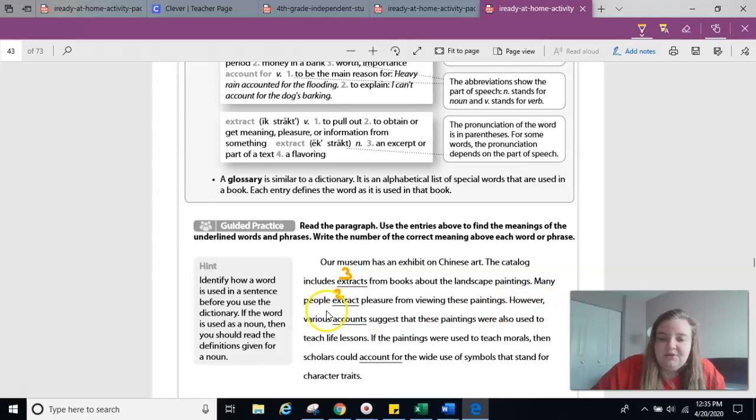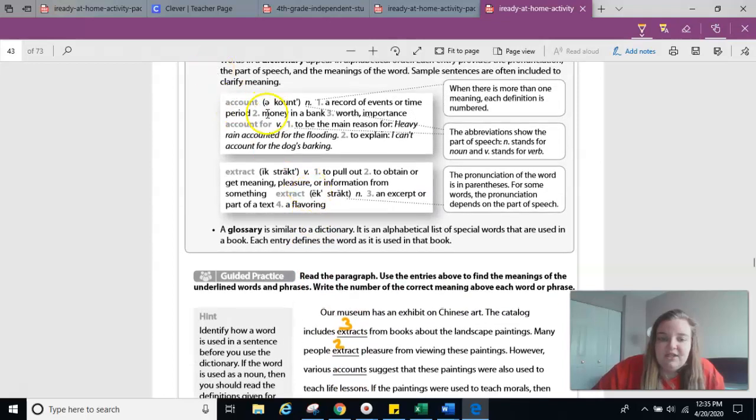Let's move on. However, various accounts suggest that these paintings were also used to teach life lessons. Various accounts. So from these, they are looking over Chinese art.